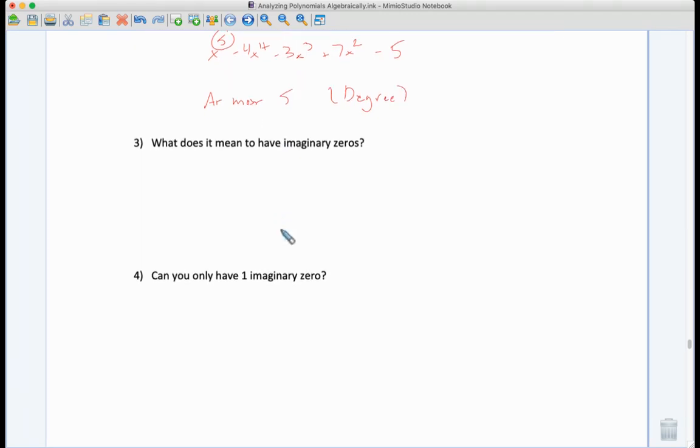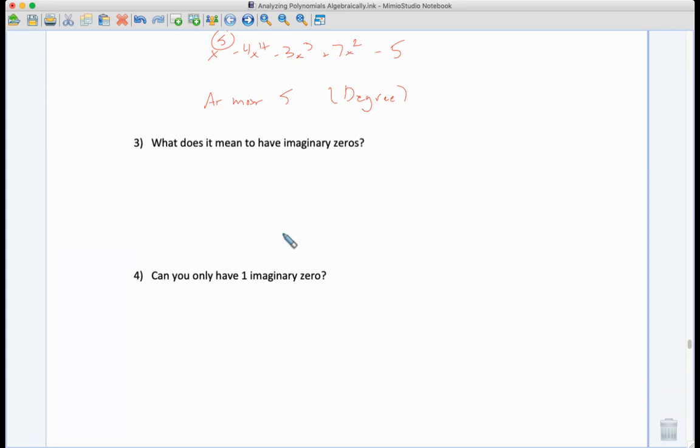What does it mean to have imaginary zeros? Basically, what that means is that if you have a polynomial function and you try to factor it out, to find out what the zeros are, and you end up with something that is unfactorable, we can try throwing it into the quadratic formula.